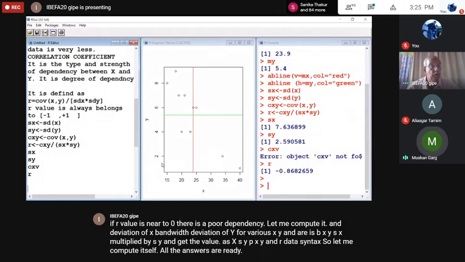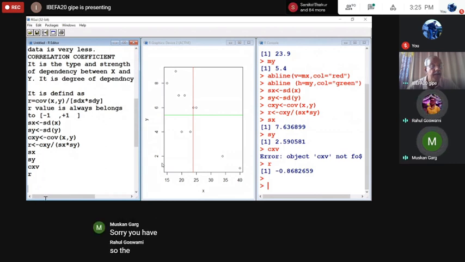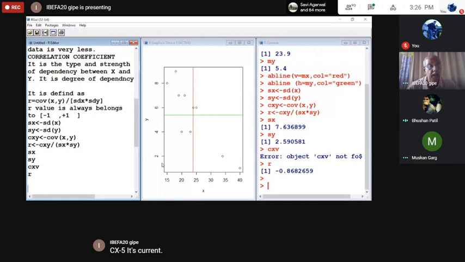Sir, you have typed it wrongly, the last one will be CXY. Sir, in the command, instead of R, CXV is typed.